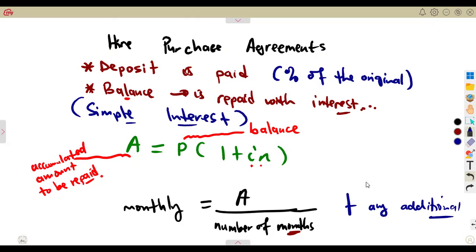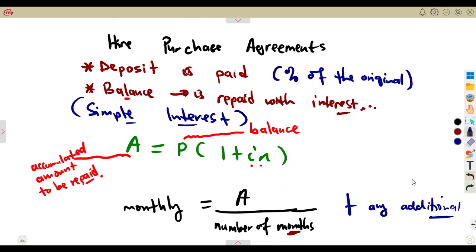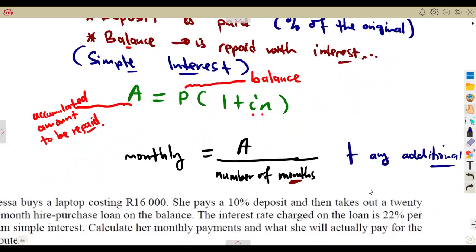They can give you anything that might be paid monthly, but the monthly amount is supposed to come from the amount accumulated over the number of months. That is the monthly amount to be paid back. Like I said, it's paid back monthly, not once by taking the amount and paying it back.